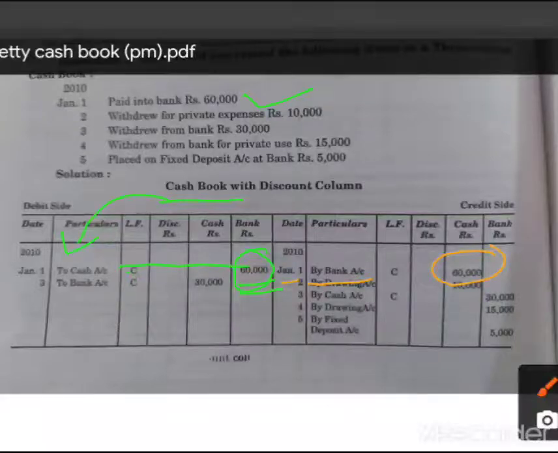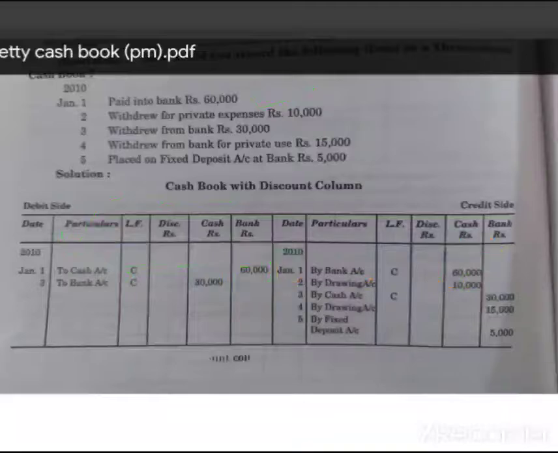Here in the debit side it is written 60,000 in the bank column, and here it is written 60,000 in the cash column by name of bank. And this kind of entries where same amount is debited and credited in the name of cash and bank, such entries are termed as contra entry, and contra entries can be seen in the 3-columnar cash book.